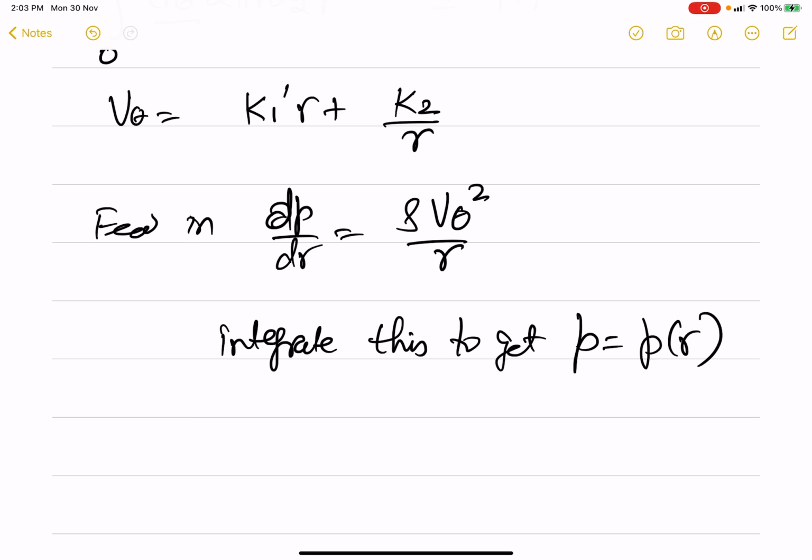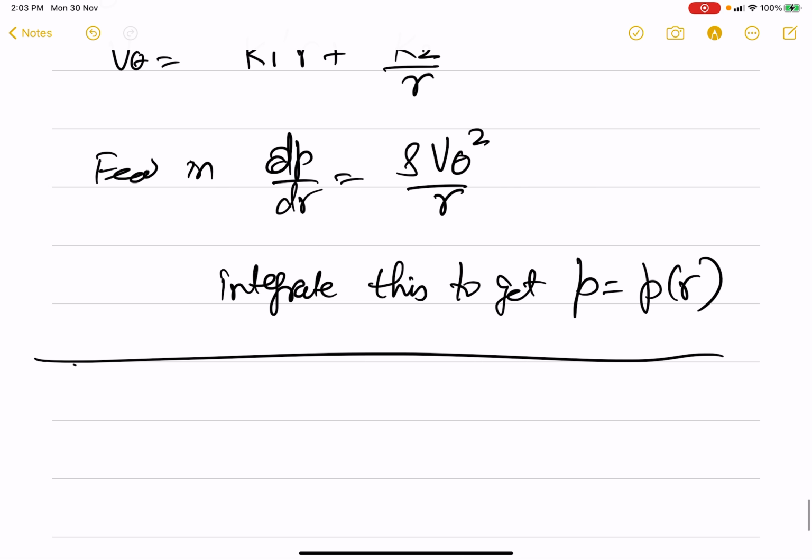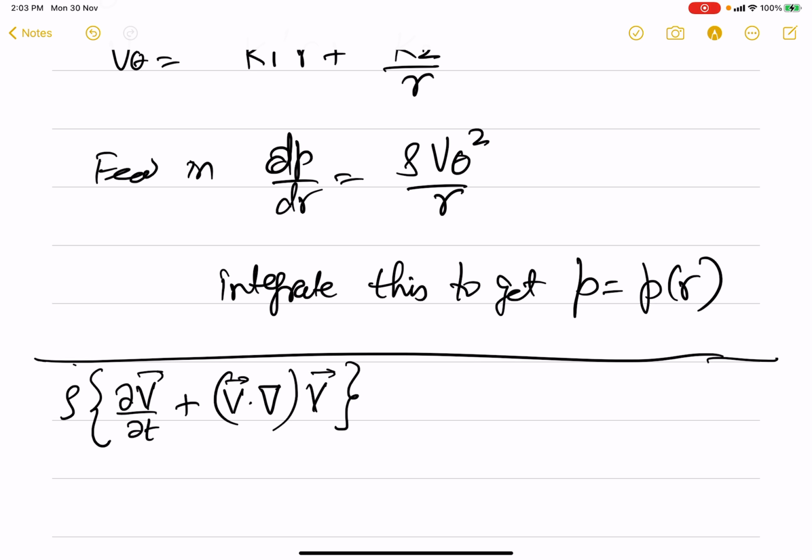Now, next thing which I would like to do is, let's try to do an overall study of what we are seeing in the Navier-Stokes equations and in the various problems which we have solved here. The Navier-Stokes equations look like this: rho times partial v by partial t plus v dot grad v is equal to minus grad p plus rho g plus mu del square v.